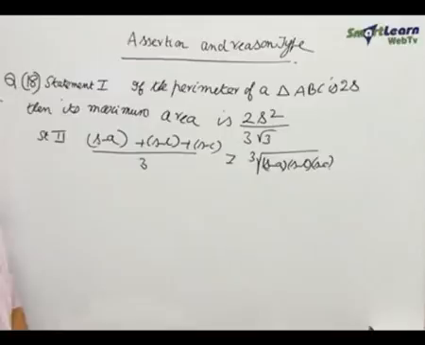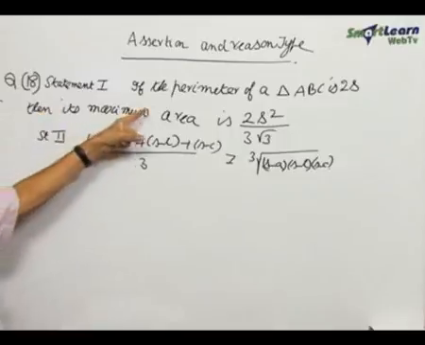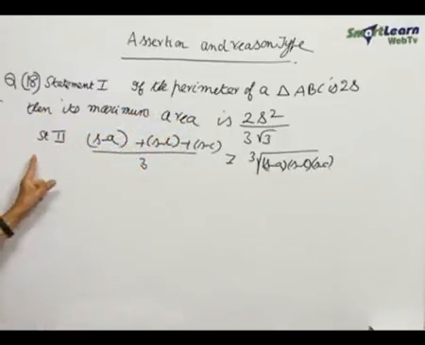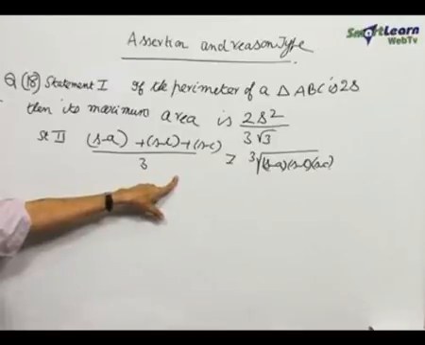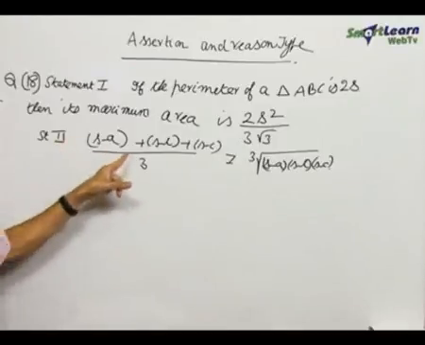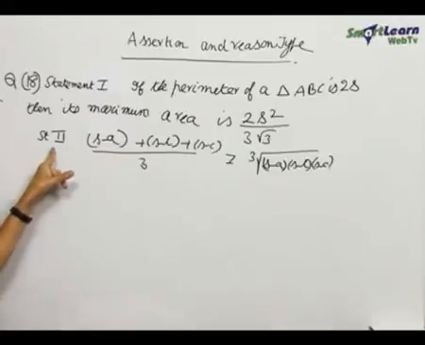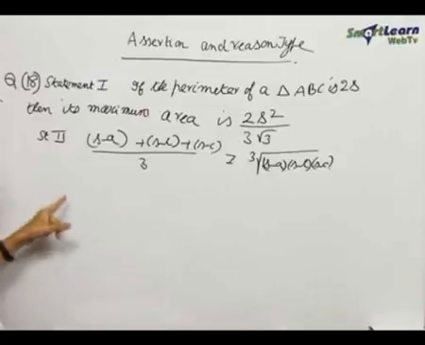Statement 1 is true, statement 2 is false, you mark it as C. Statement 1 is false and statement 2 is true, you mark it by capital D. Problem 18, the first statement is there, the second statement is there, and you can very easily check that using the rule arithmetic mean is greater than or equal to geometric mean.